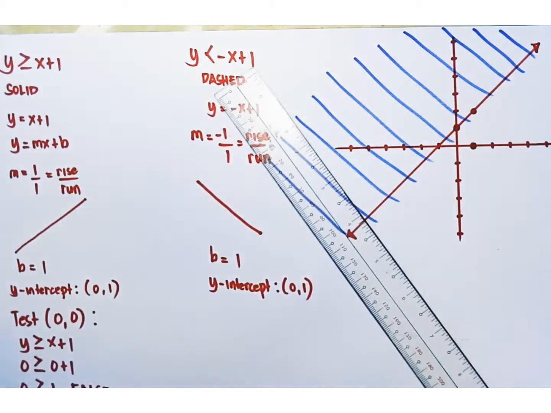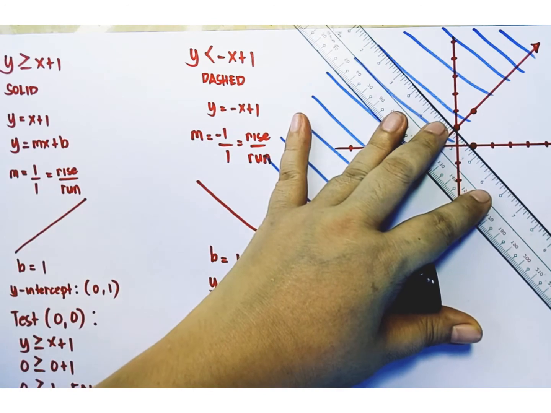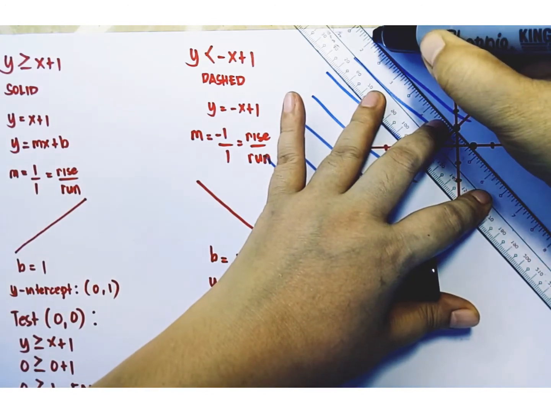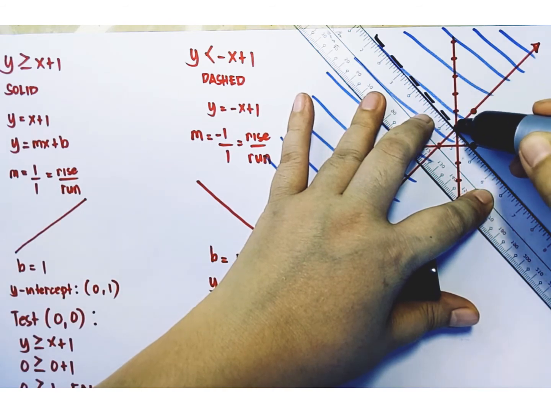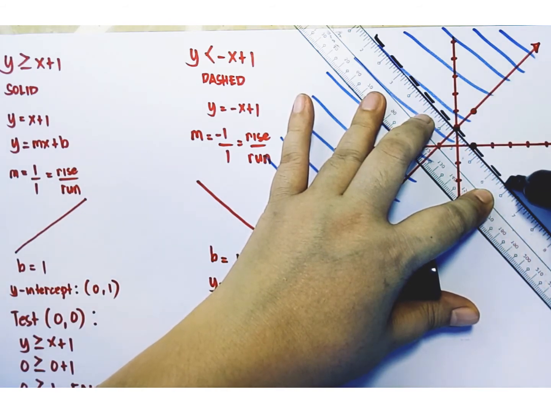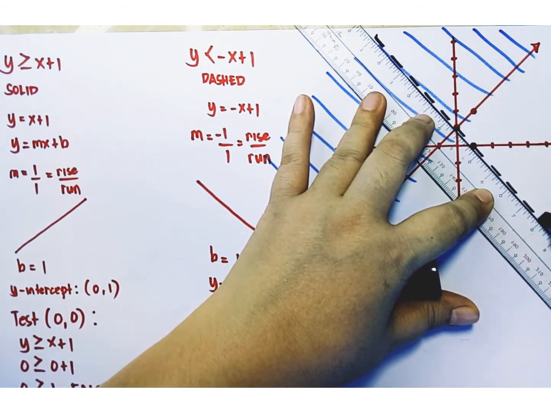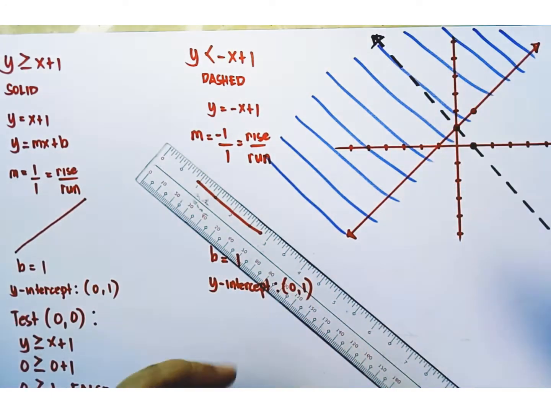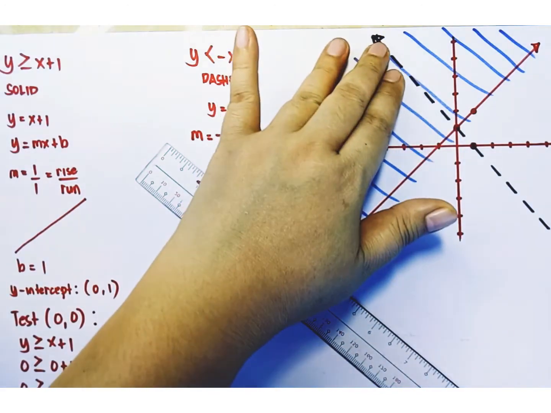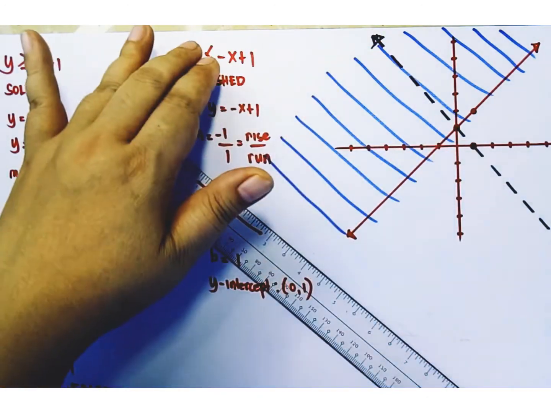Okay, then let's draw a dashed borderline passing through these two plotted points. And this is the borderline of the second inequality.